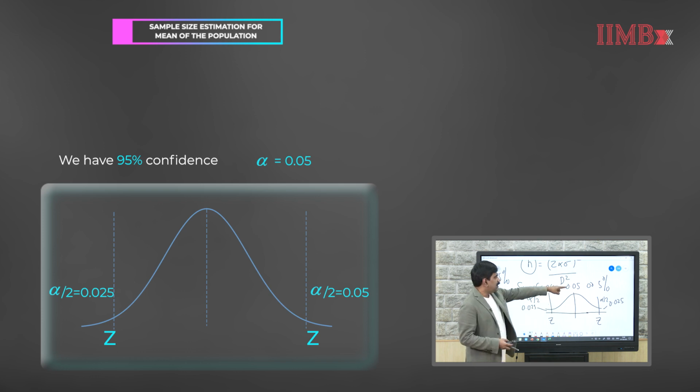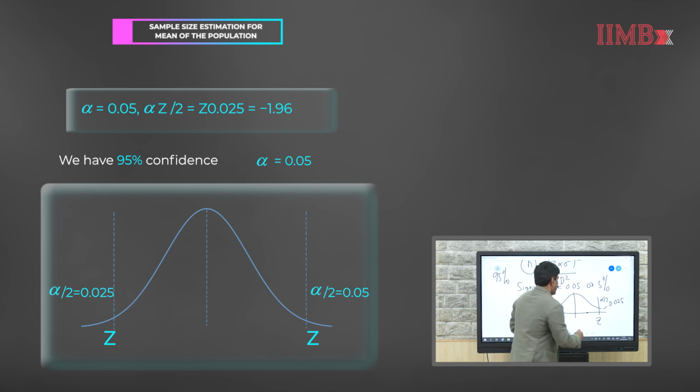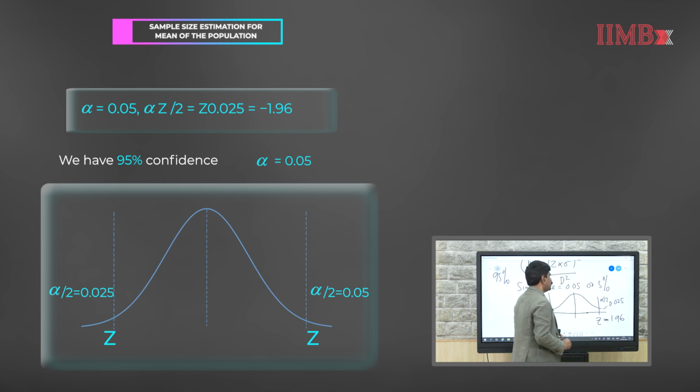So, if you take alpha as 0.05, or alpha by 2 as 0.025, we get this as minus 1.96 approximately, and this is plus 1.96. So, all we have to do is substitute that z value.